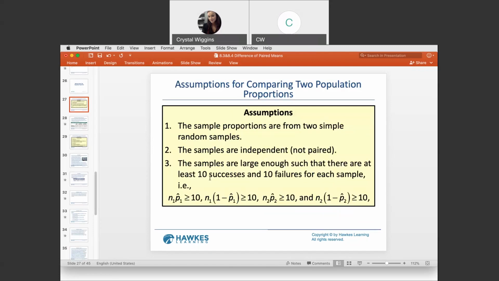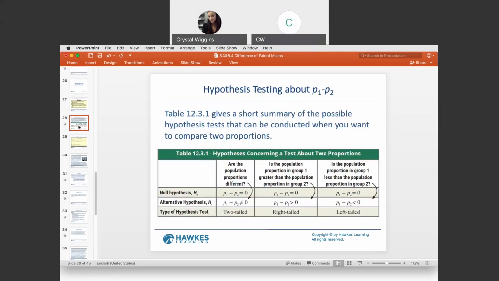We're coming back to two completely separate samples. The samples are large enough such that there are at least 10 successes and 10 failures. Okay, so this n times p has to be greater than or equal to 10, and the n times 1 minus p also has to be greater than or equal to 10. In this table, we see the three possible setups.